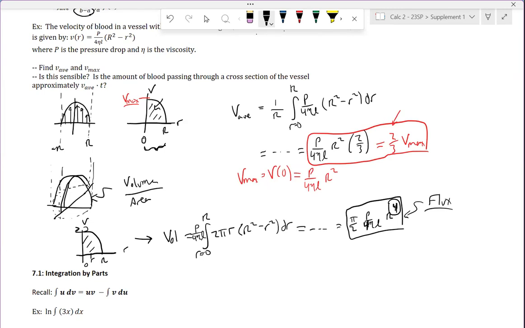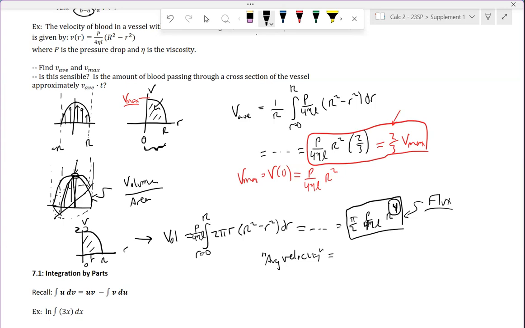And if we want to find something that's a little bit more meaningful, in the sense of an average velocity, we're averaging, recognizing that the blood that's moving fast is near the middle, but there's not a lot of that.